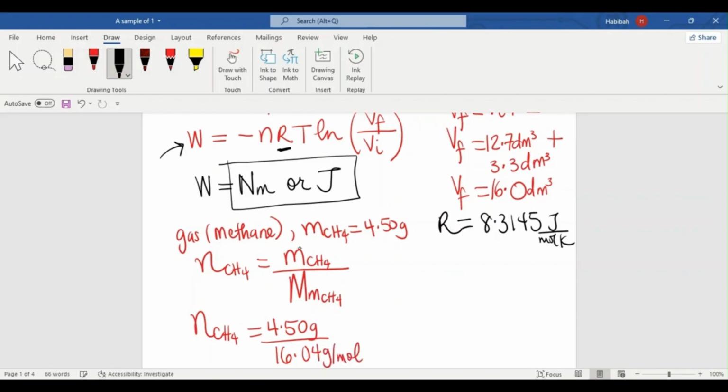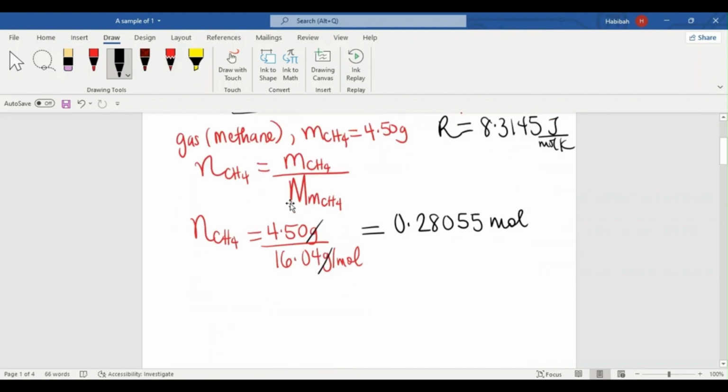So of course, input this information in the calculator, and we end up with 0.28055 mole. So now we have all the information we need to substitute.